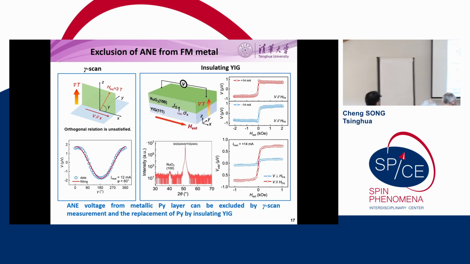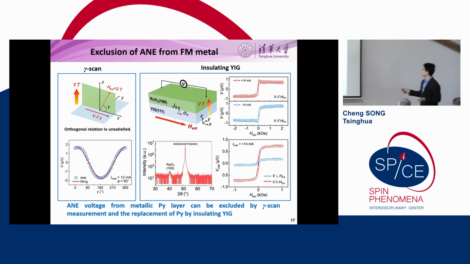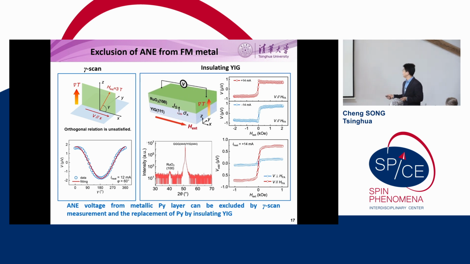Also, we try to exclude the anomalous Hall effect from the ferromagnetic metal. For example, we use this gamma scan. That means we always keep the magnetic field and the spin polarization sigma along the XOZ direction.